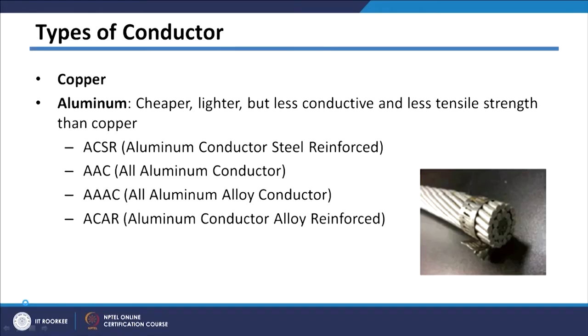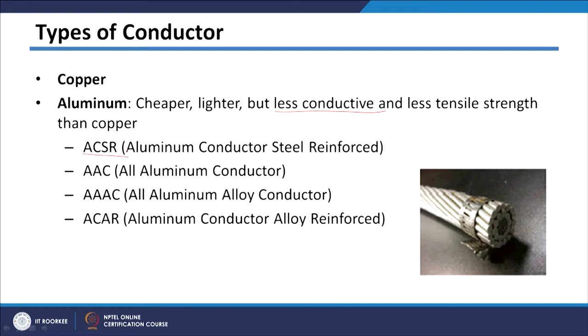However, aluminum is less conductive and has less tensile strength. Means a long conductor requires a higher tensile strength because we are hanging them between the towers. To increase the tensile strength, we use ACSR conductor. Those are nothing but aluminum conductor with steel reinforcement.